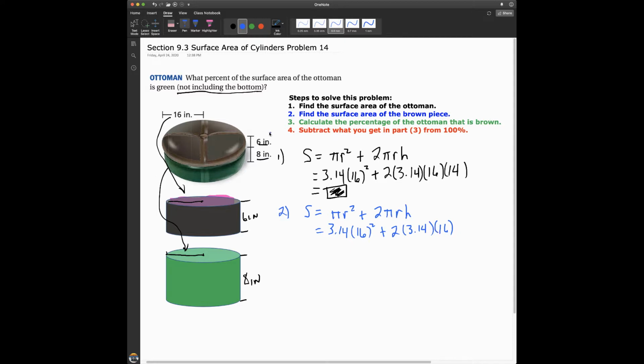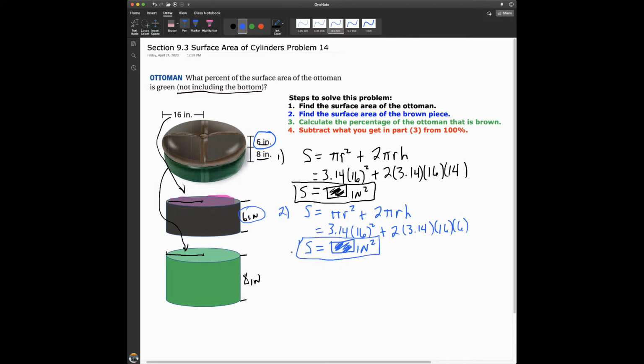For the brown piece, the height is just 6 inches. Okay, so that will give me an answer. This will be inches squared, and for the first part, the units would be inches squared. I'll put a box around that, and put a box around this part.